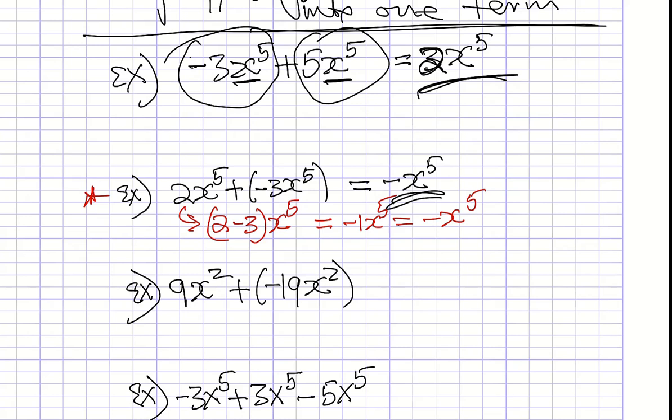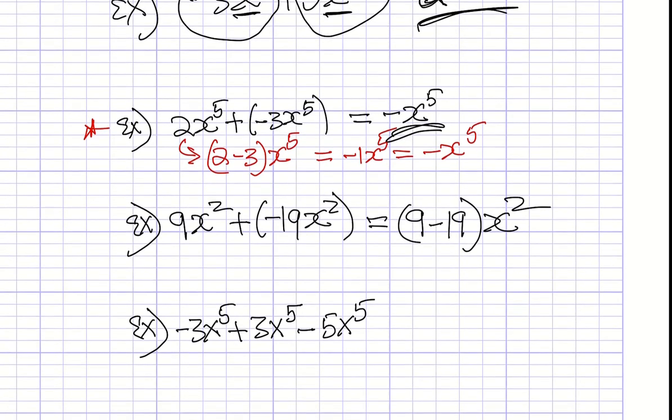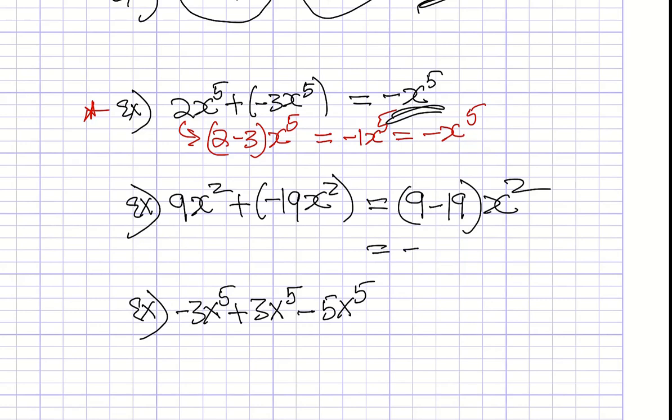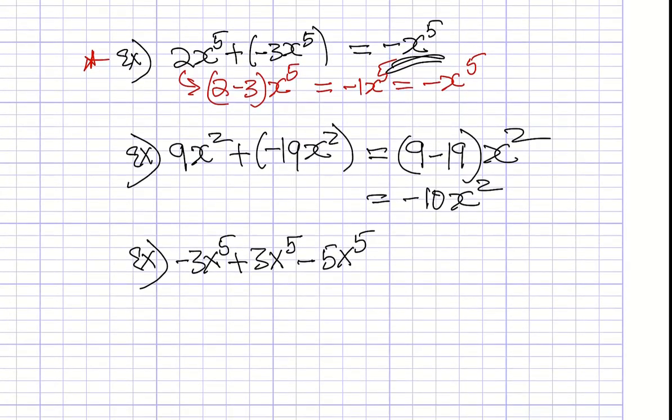I know that the degree is 2. So you can write that as 9 minus 19, x raised to the power 2. You see that, right? And then simplify that. What you get is minus 10 right there. You see it, right? It's no more than that, man. So this will help you orient to how to handle this.